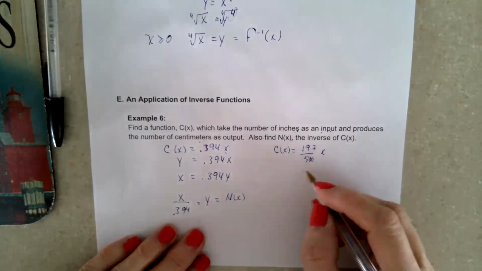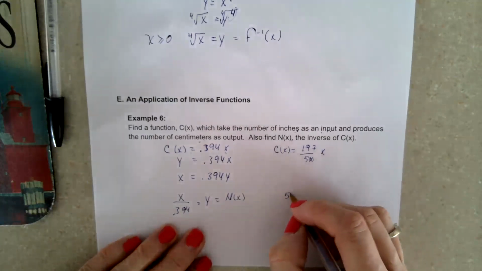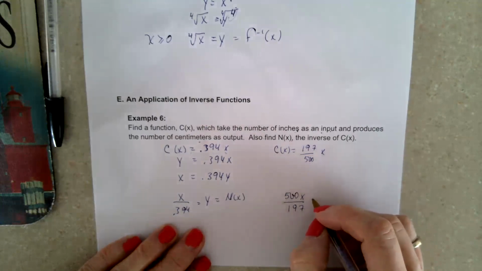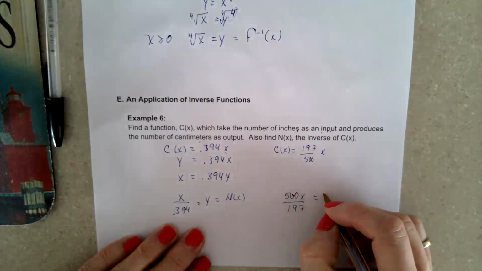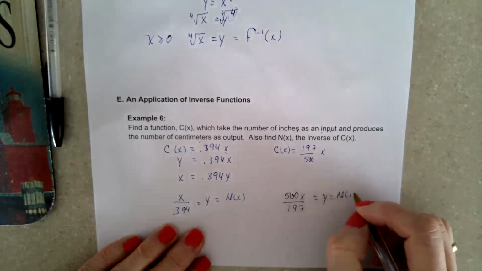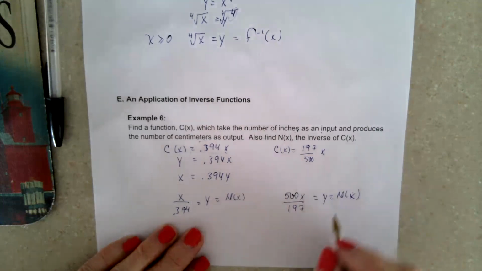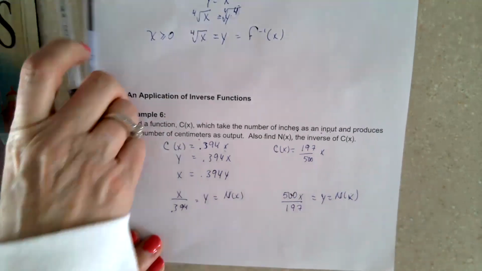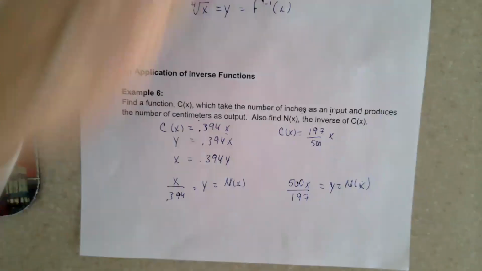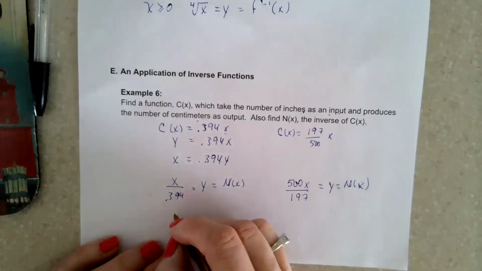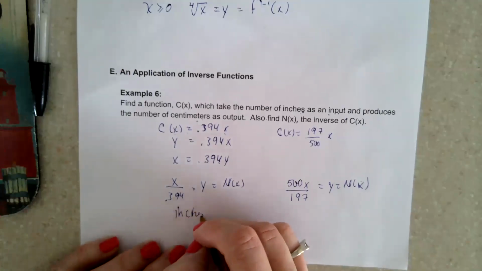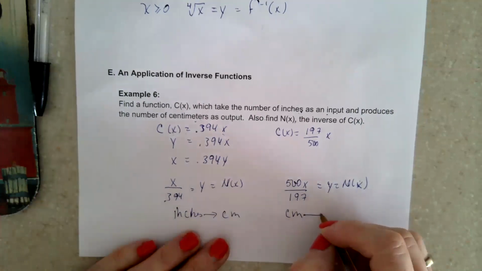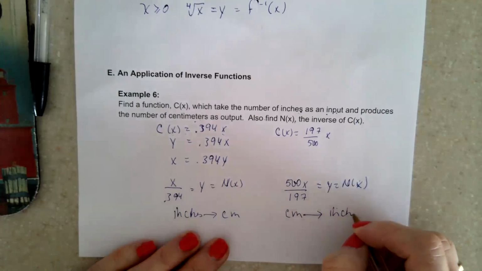Or what we could end up doing then, right, is just say 500x over 197 equals y, or n of x. And essentially, this goes inches to centimeters, and this is centimeters to inches.